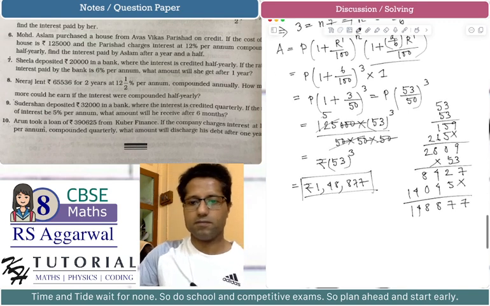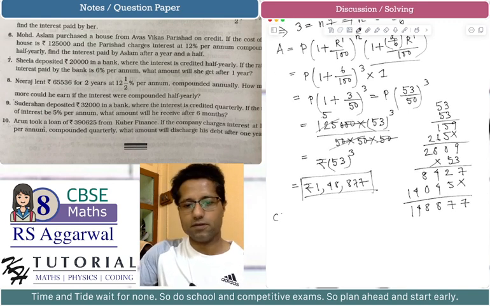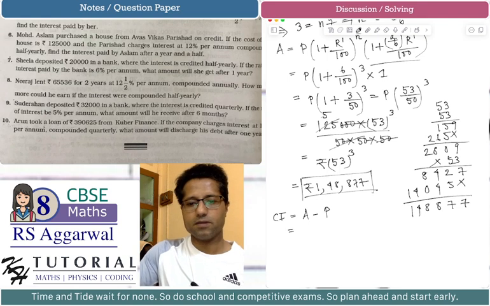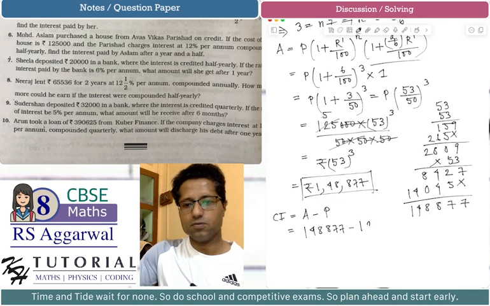Now, what is the compound interest? What is the interest paid? The question has asked the interest paid. Interest paid is the compound interest, which is amount minus P. This is 148,877 minus 125,000.